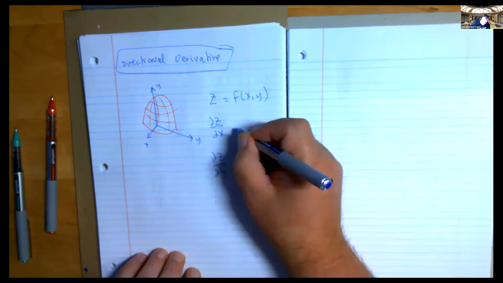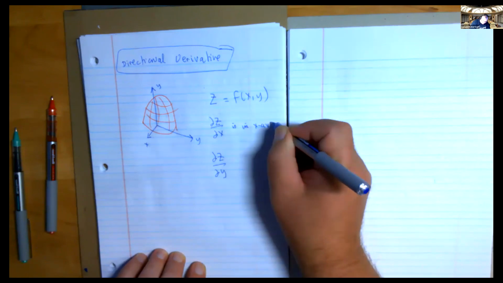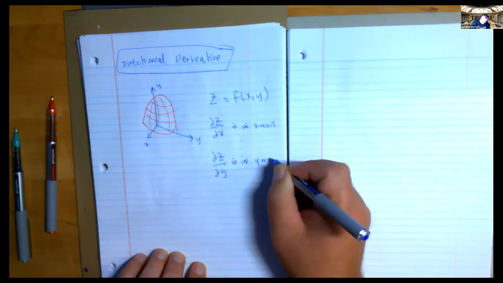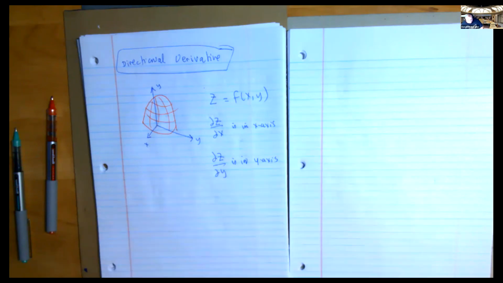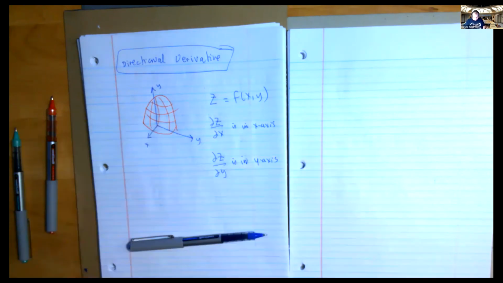This one is in the x-axis direction, and this one is in the y-axis direction. You slice it parallel to the y-axis, that's what dz by dy is. If you plug in a value for x and y, it will tell you at that one specific point what the slope of the tangent line is.